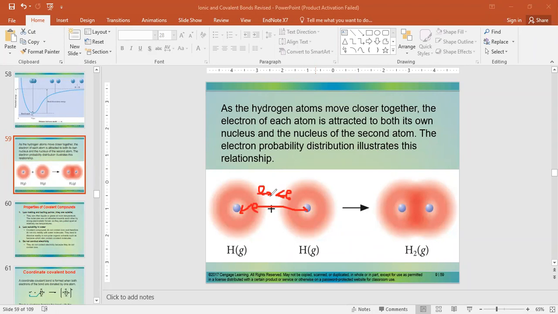Now, the question is, to what extent can they come close? They'll come close, but at some point, even though there is an attraction between this electron and this nucleus here, there's going to be electron repulsion. So at some point, they will not touch one another. That's why we say that the orbitals are only going to overlap. And when the orbitals overlap, we look at the closest distance between the nucleus here and the nucleus here, and that is going to give us the bond length.